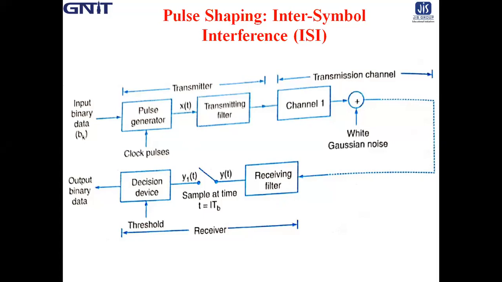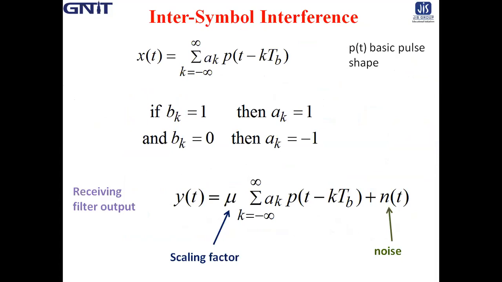The input signal consists of a binary data sequence bk with a bit duration of Tb seconds. This sequence is applied to a pulse generator to produce a discrete PAM signal, which is given by x(t) equal to summation over k equal to minus infinity to plus infinity of ak p(t minus k Tb).